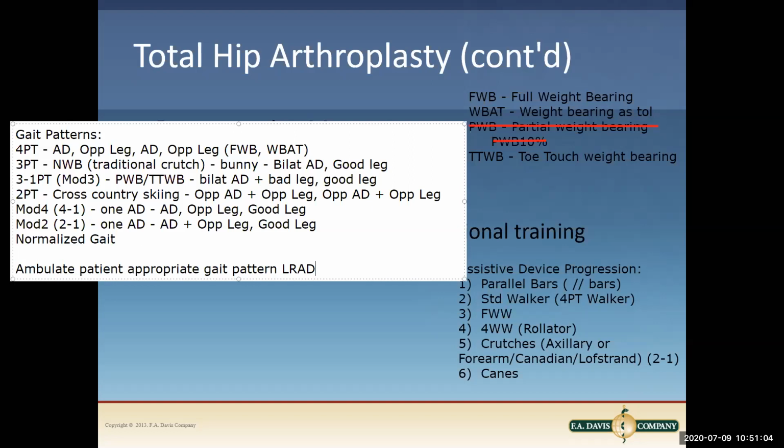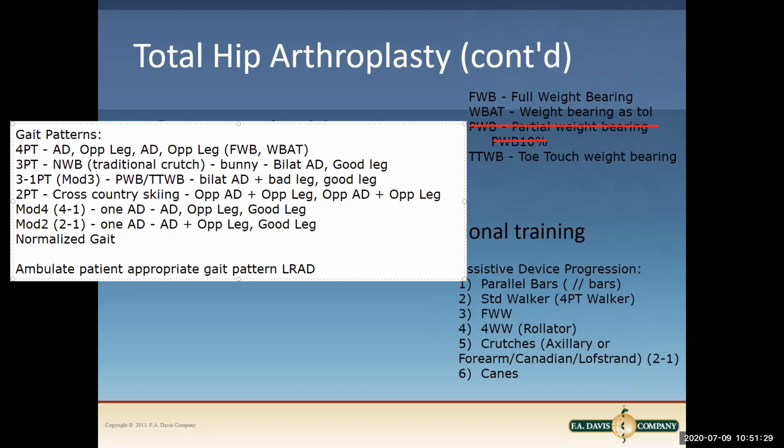So ambulate patient, appropriate gait pattern, LRAD. What does that mean? If you see that on the eval, translate PT speech. Does anyone want to take a stab at it? Yeah, right. Not left, right. So what they're saying is, you choose, PTA.